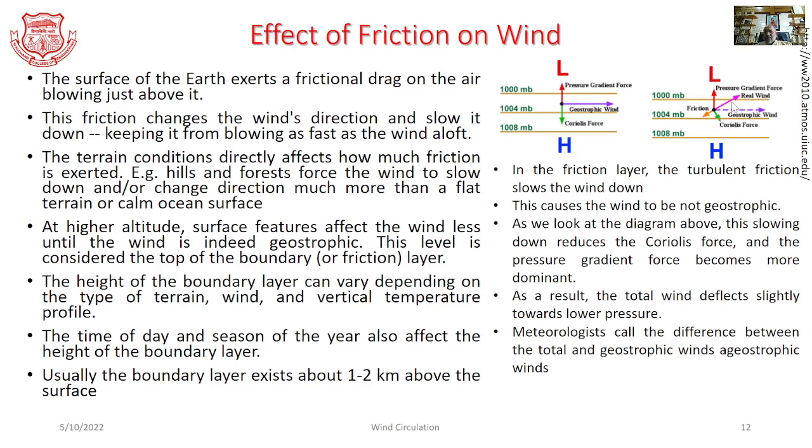So, this slowing down, as it is in proportion with the motion, will cause a reduction in the Coriolis force, and hence the pressure gradient force will be more dominant.